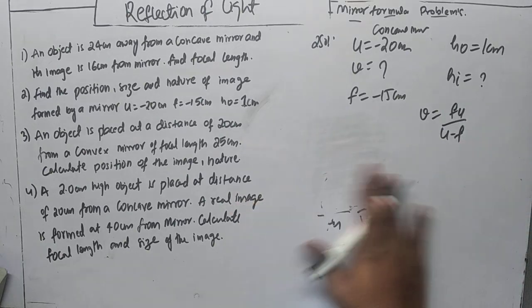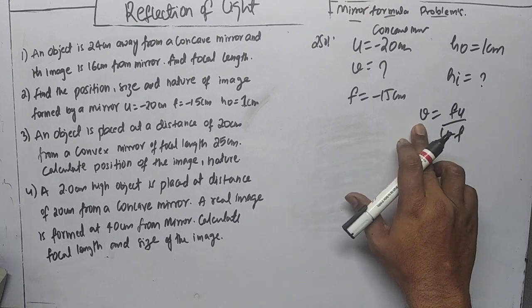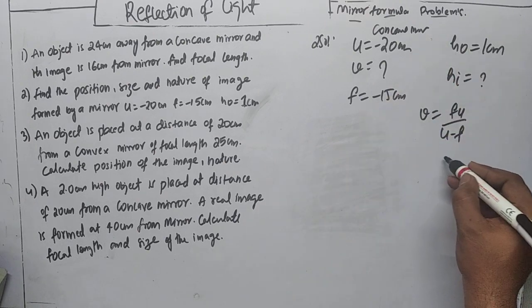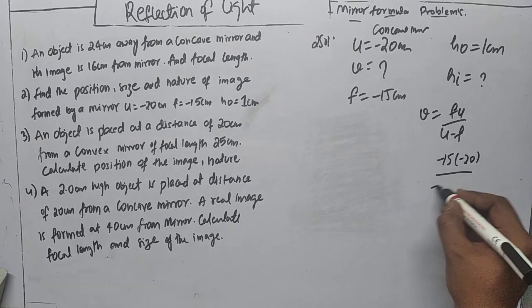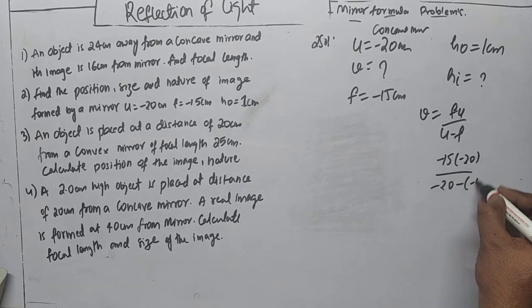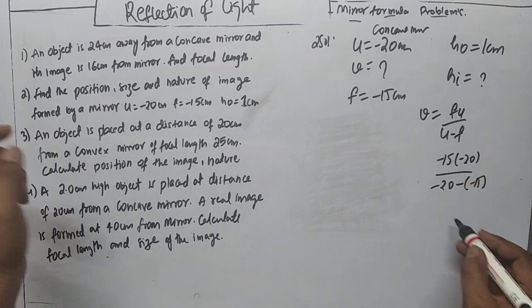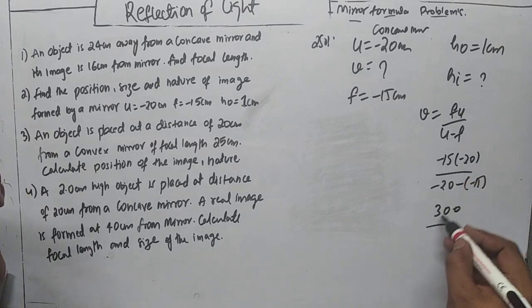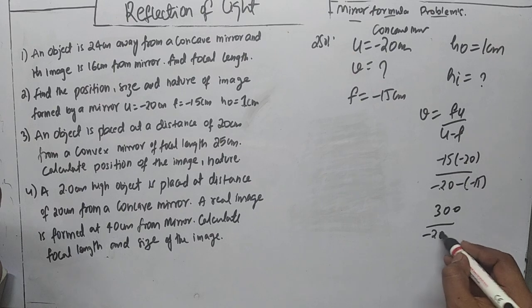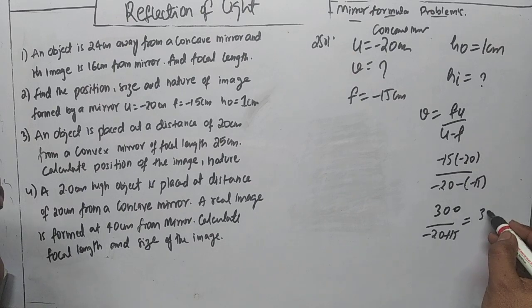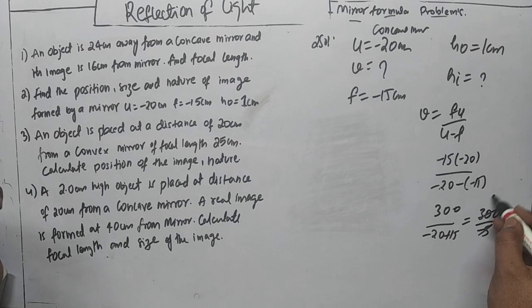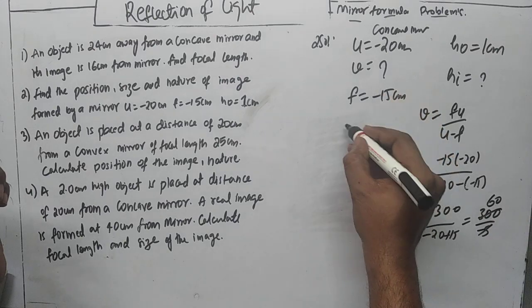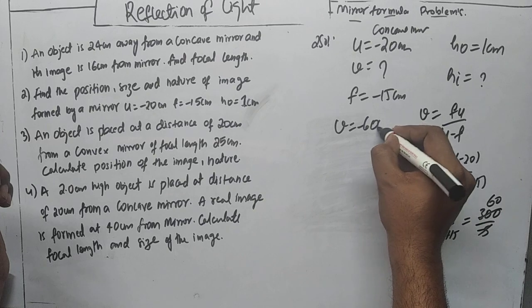Substituting: minus 15 into minus 20 is plus 300, divided by minus 20 plus 15, which is minus 5. So minus 60 is the answer. The v value is minus 60 centimeter.